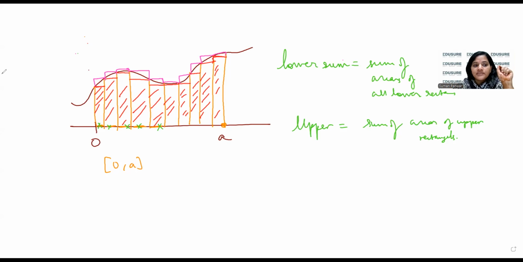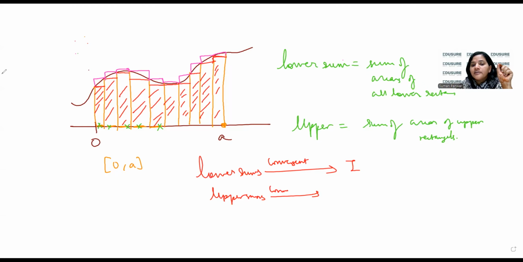If all the lower sums are converging to I, and all the upper sums are converging to I, if both these limits are the same, this is something known as the sandwich theorem. Two functions are sandwiching another function.